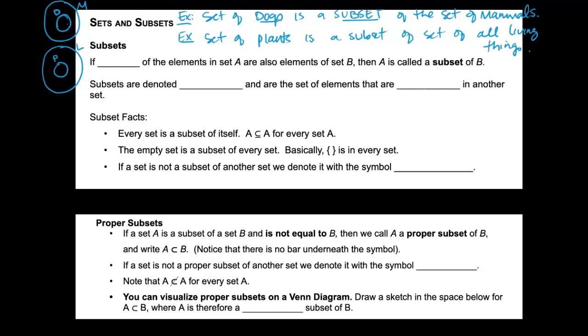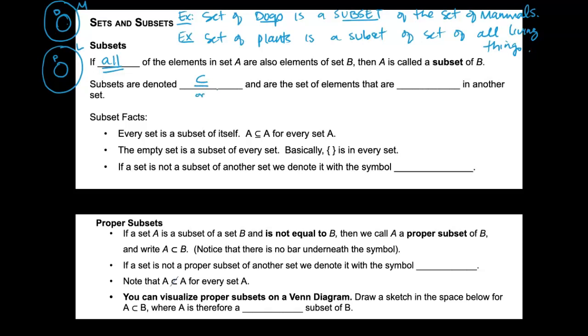So the definition is if all of the elements in set A are also elements in set B, then A is called a subset of B. And so subsets are denoted, there's actually two different symbols depending on what type of subset, but it's denoted with this U and the line underneath.